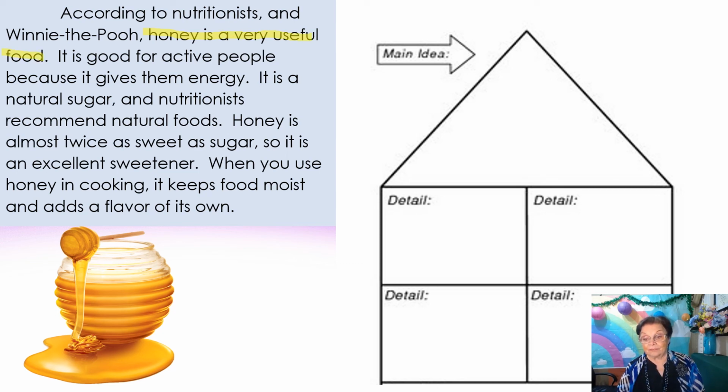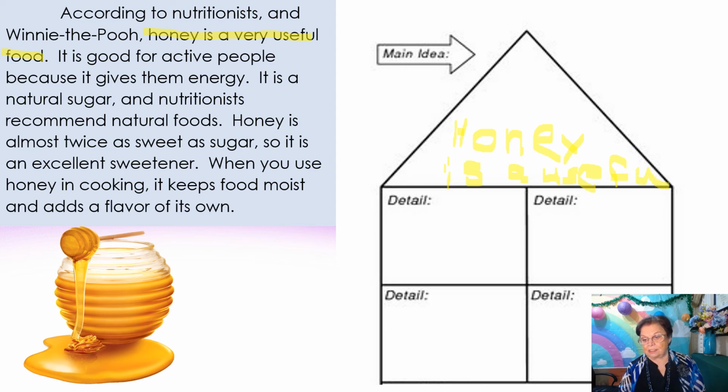So this paragraph is mostly about honey being a useful food. Now, why? Let's see if we can find some supporting details to prove that honey is a useful food. Okay?